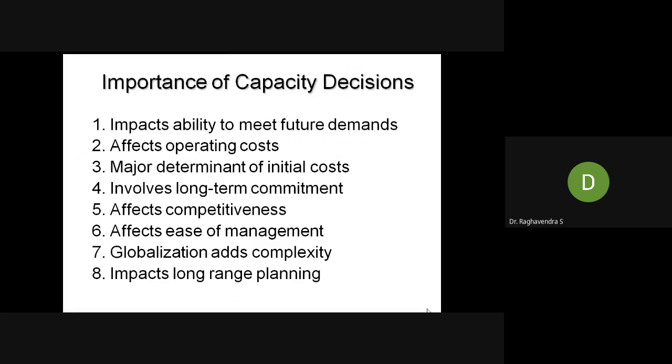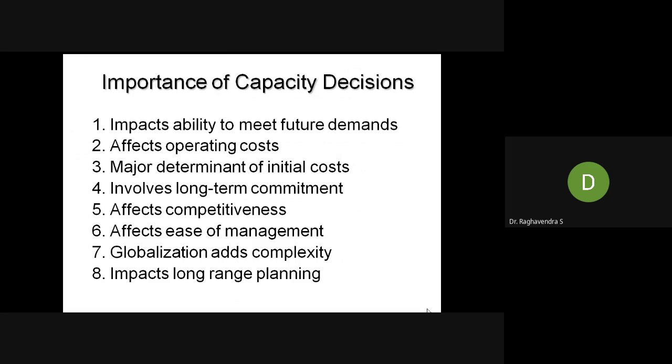Whenever a company, an automobile company or an aircraft company, shows its capacity, they should definitely have looked into all these 8 points. That is, what are the future demands? Can you make the modifications? Can you meet the demands of the customers?